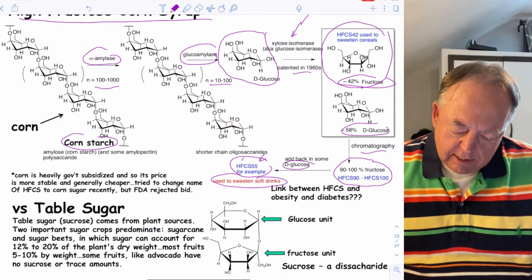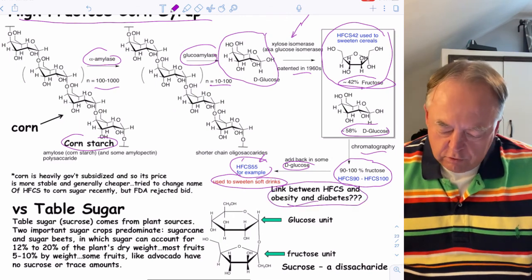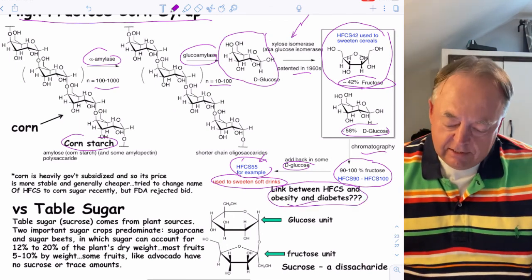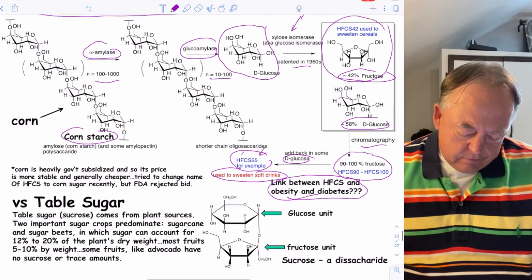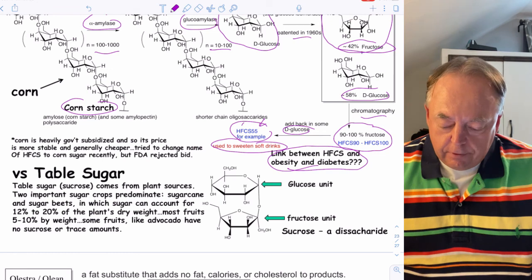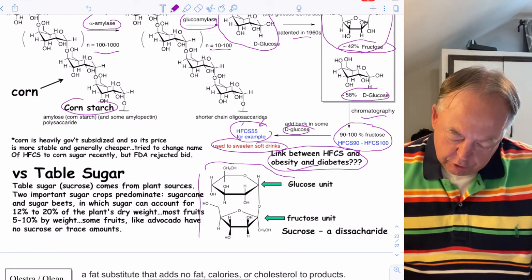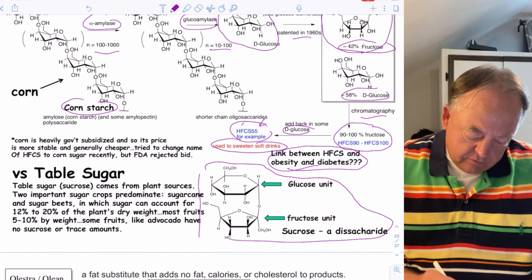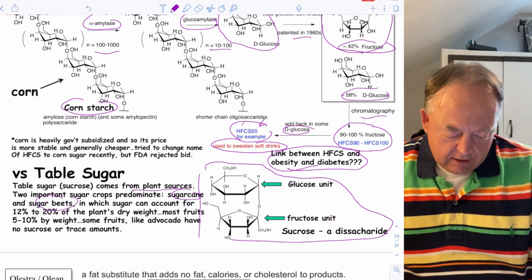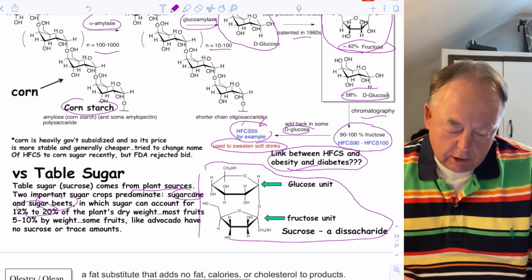So the downside to this is that there have been some studies that suggest that high fructose corn syrup may be linked to obesity and diabetes. So why is it used? Well, because fructose is a lot cheaper than sucrose, right? So sucrose is what you would find in table sugar. It comes from plant sources such as sugar cane and sugar beets, which can account for 10 to 20% by mass of those plants' dry weight.